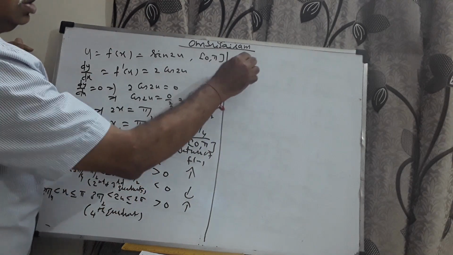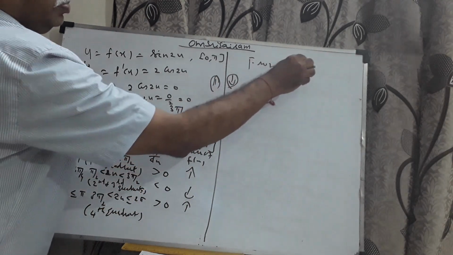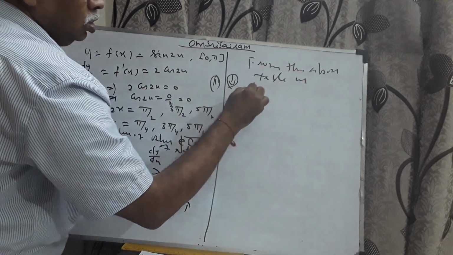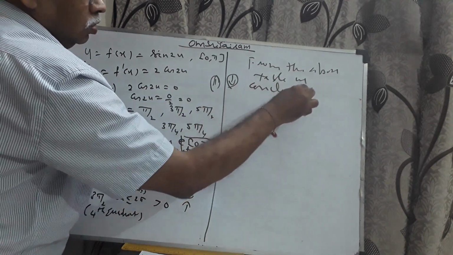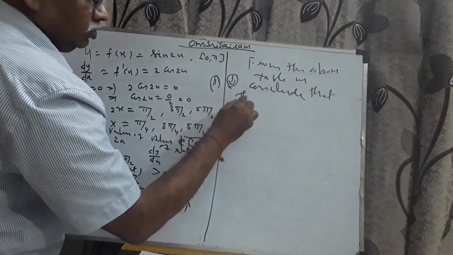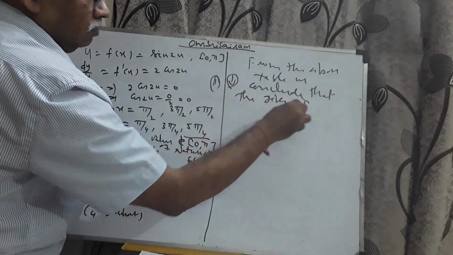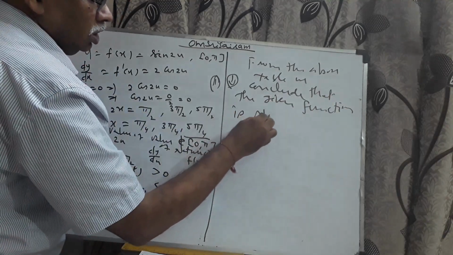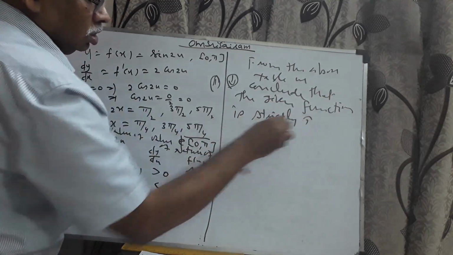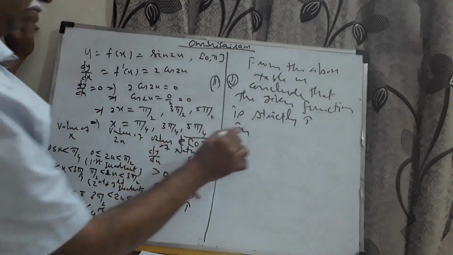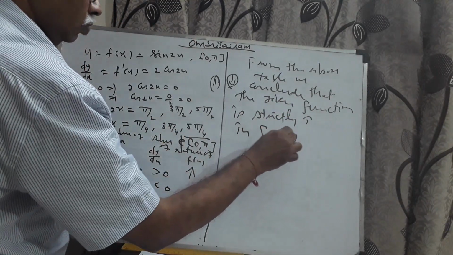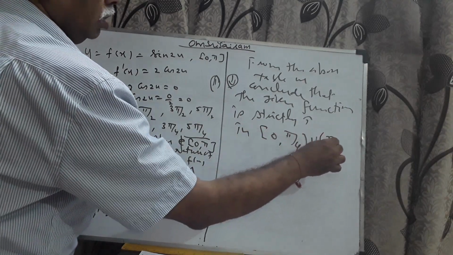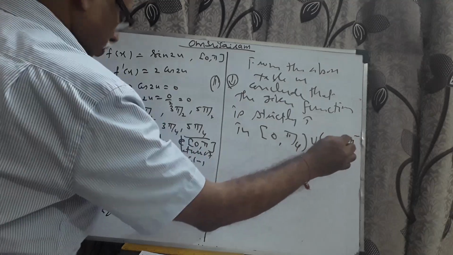Therefore, we give the conclusion from the above table. From the above table, we conclude that the given function is strictly increasing in the intervals 0, pi by 4, union 3 pi by 4, pi.